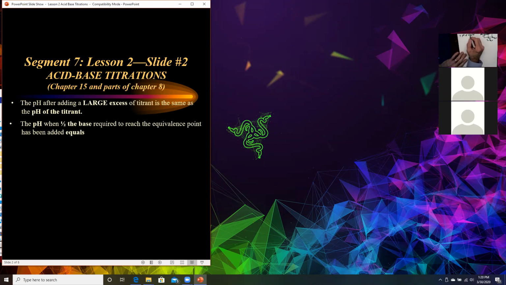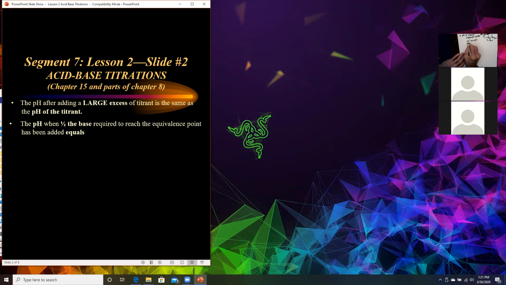So if you titrated, let's just suppose the molarity of NaOH that you're using as a titrant was equal to 0.15 molar. Then what you would do is you'd say, okay, the OH minus concentration in the titrant was 0.15 molar.